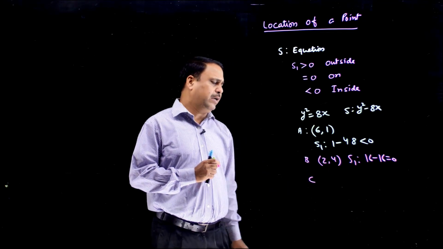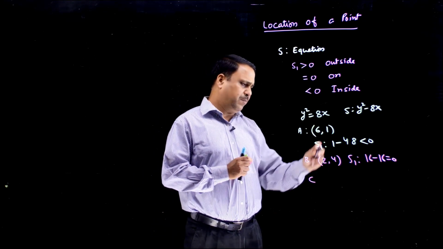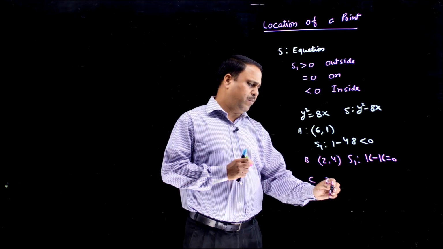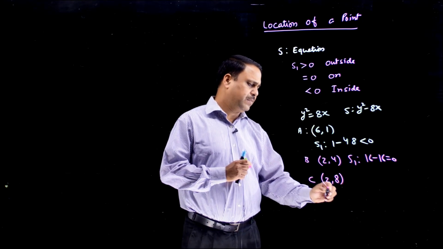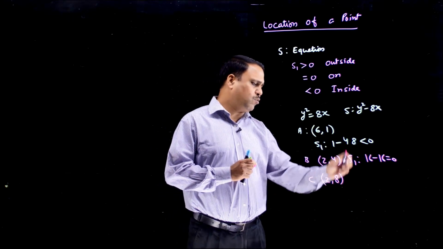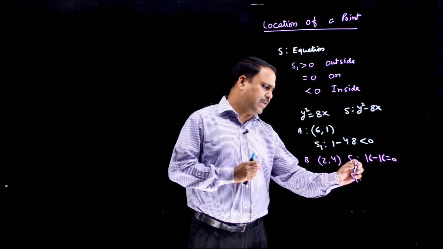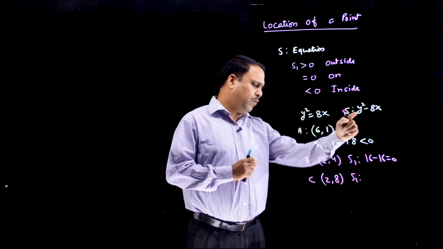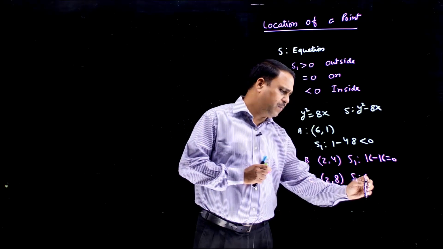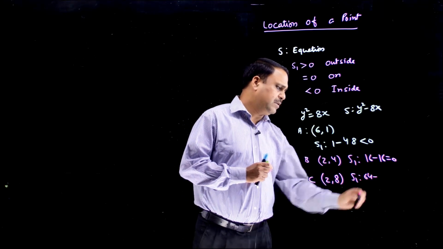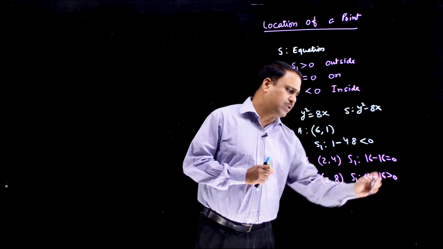Second point, similarly you can take any other point, for example (2, 8). So if you observe here, in this case S1, or you can say SC, put y equal to 8, 64 minus 16. So this point is outside.